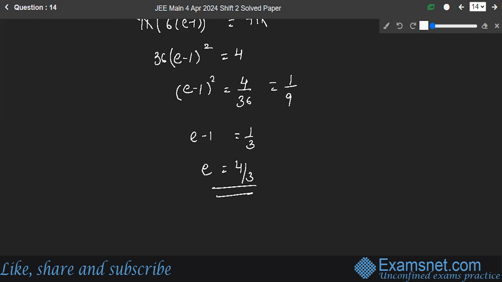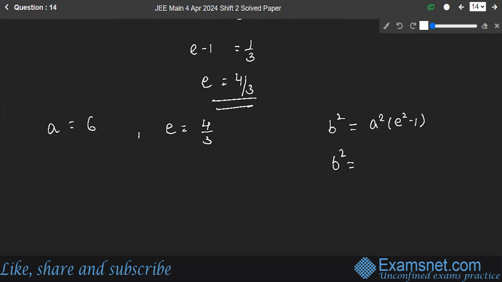Correct? So now we have the a value. a was 6. e is equal to 4 by 3. And we already have the relation b square is equal to a square into (e square minus 1). So let's find out the b. This is equal to 6 square into (4 upon 3) square minus 1, which is 36 into (16 upon 9 minus 1).